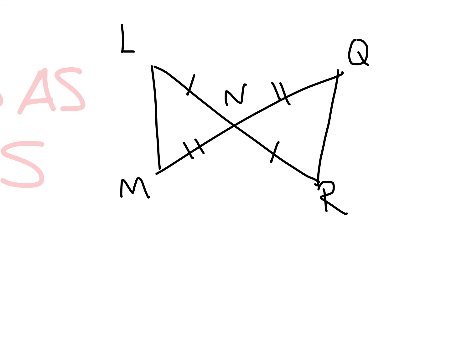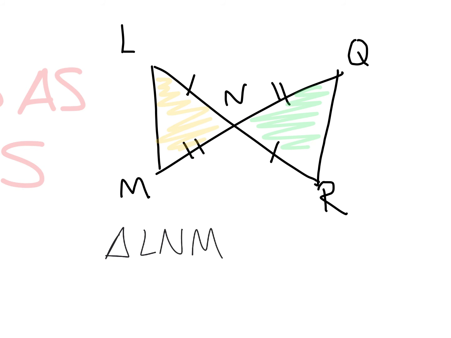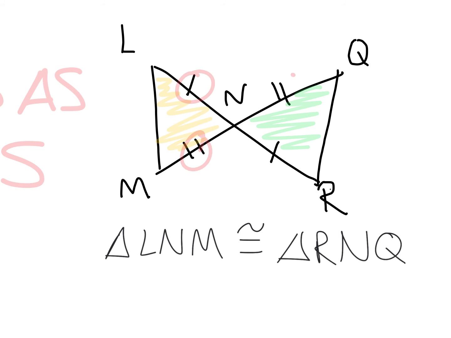Okay, here I have my yellow triangle and my green triangle. For my yellow triangle, it is triangle LNM. So if I write that out, I'm going to start with the one line, which would be triangle R, go to the middle, which is N, and then go to the last one, which is Q. And in this one, I see I have two sides.